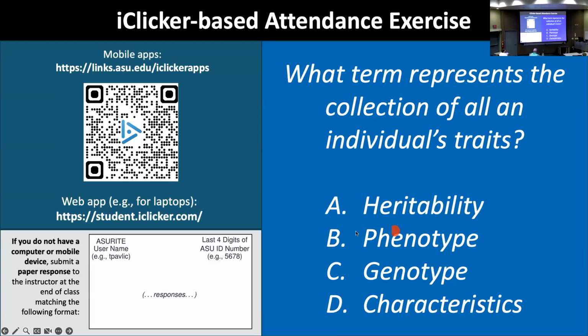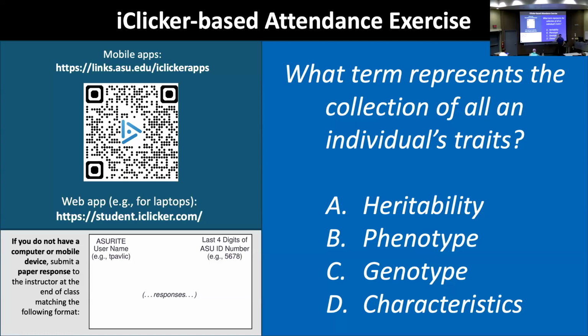I was expecting to see the biggest modes at B and D. I think both B and D are somewhat acceptable, but B would be the correct answer. That's the term you would be expected to use.